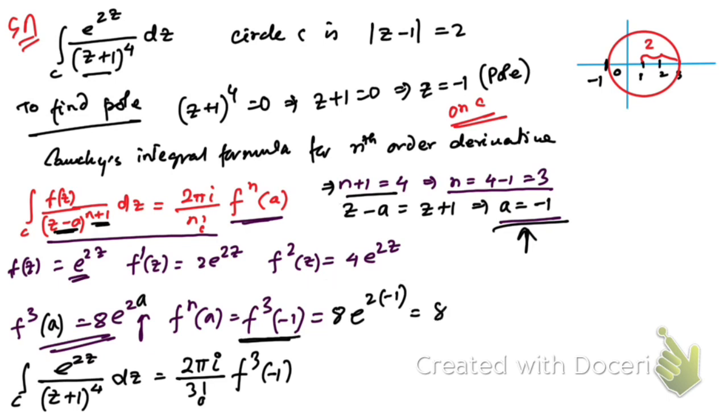That's going to be equal to 8 e to the power minus 2. So let's put this value, then here you're going to get this answer: 2 pi I by factorial 3 into 8 into e to the power minus 2. Now let me copy the last step and go to the new slide.